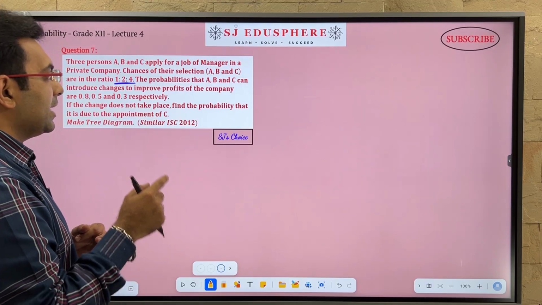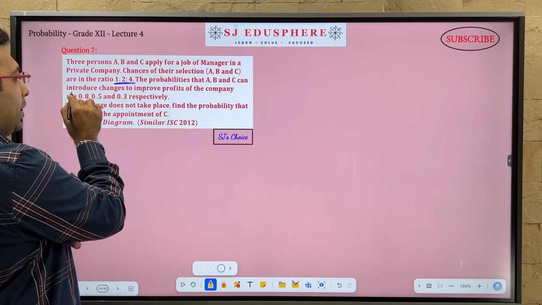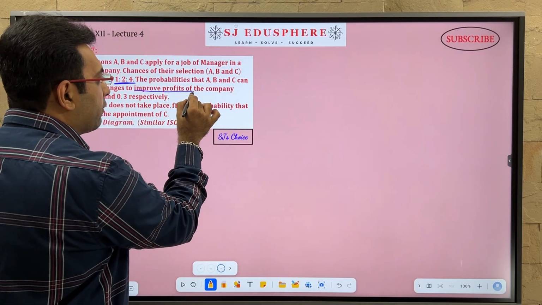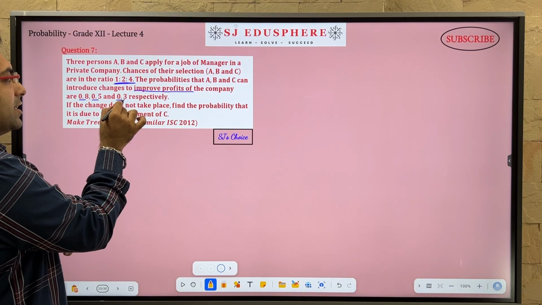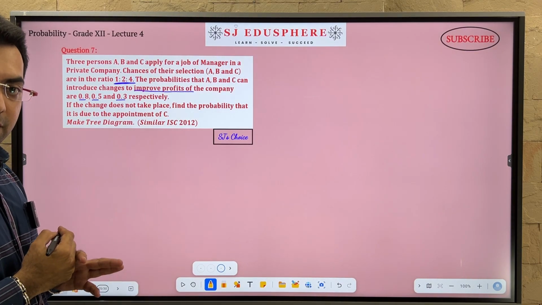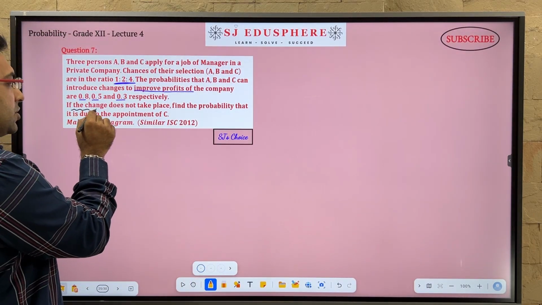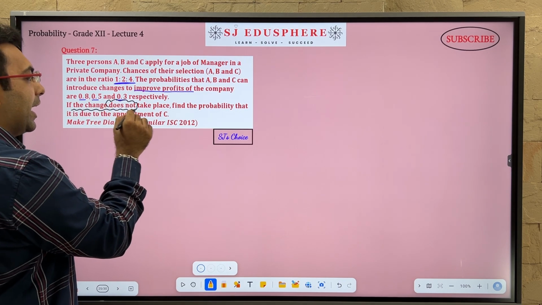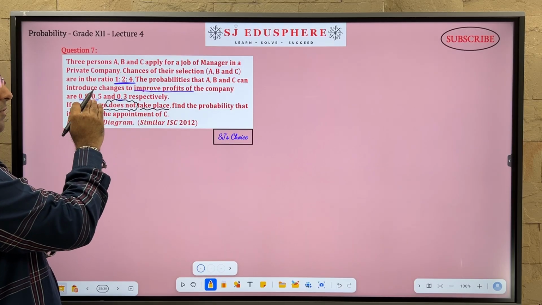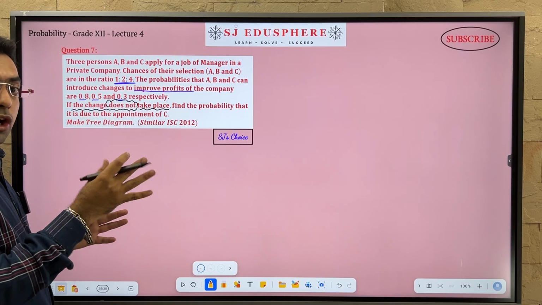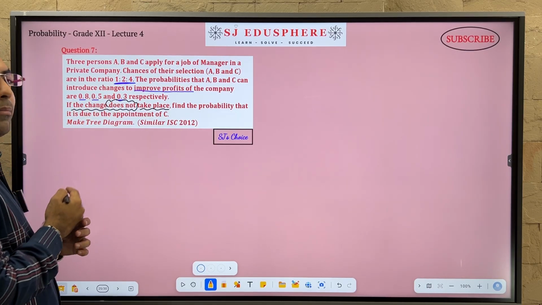The probabilities that A, B, and C, after their selection, will introduce change to improve profit for the company are 0.8, 0.5, and 0.3 respectively. Now read this very carefully. If the change does not take place, chances of them getting change is 0.8, 0.5, 0.3. Chances of them not getting change is 1 minus 0.8, 1 minus 0.5, 1 minus 0.3.